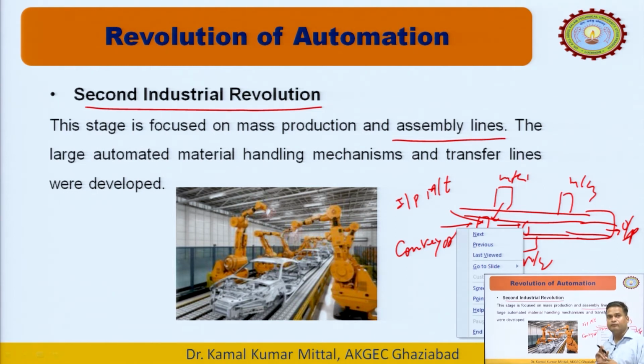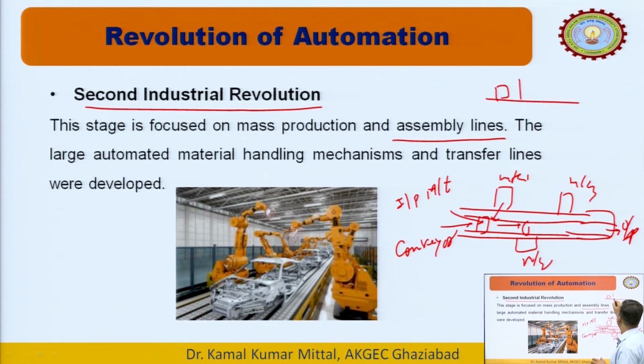And one thing we have to focus on in this type of system is that when we are using an assembly line, we are placing the components in a line system. So, machine 1, machine 2, machine 3, machine 4.